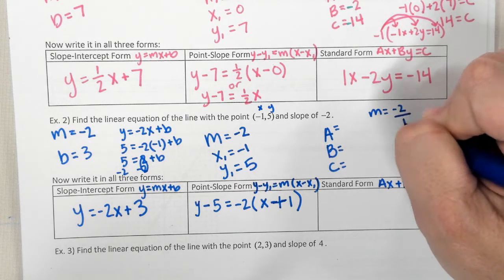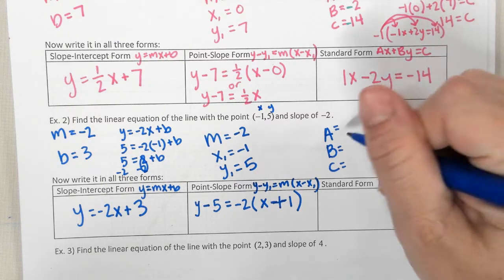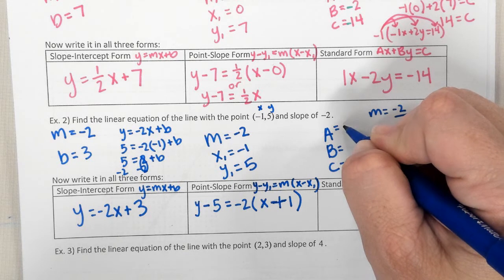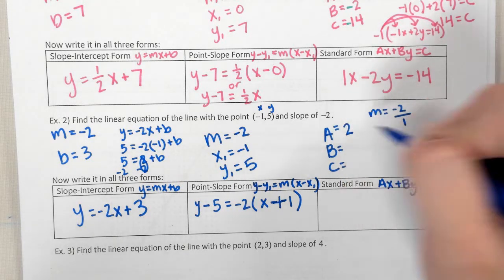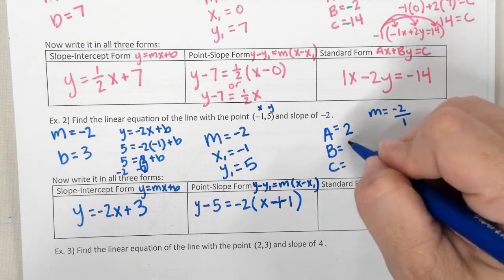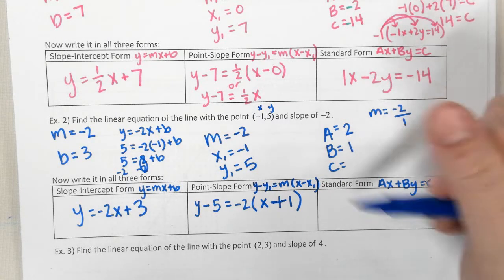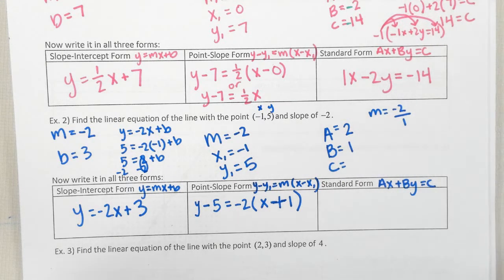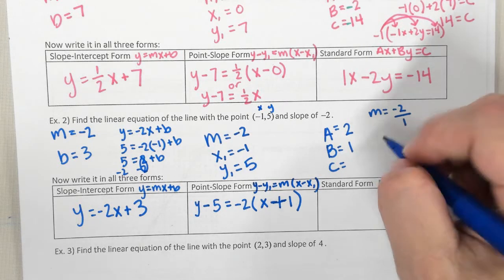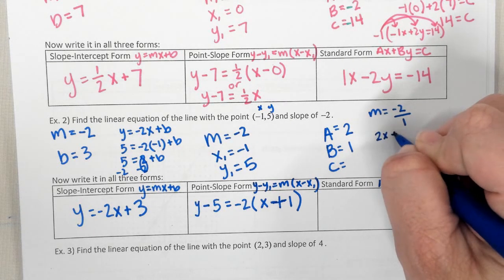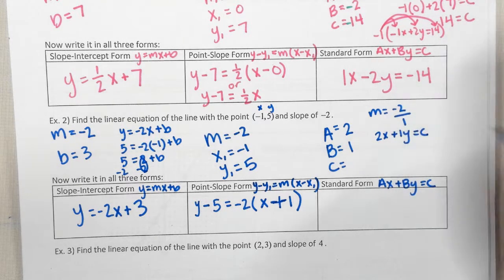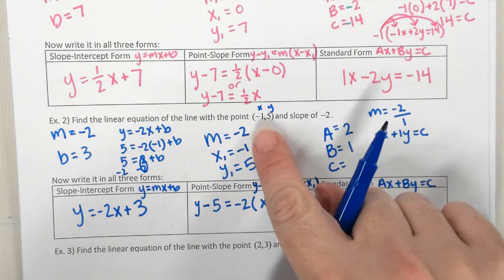Negative 2 over 1. And what's the opposite of the top? Negative 2, positive 2. And what's the bottom? 1. Do you see how A is positive? So when I'm finished, am I going to have to change everything? No, because A is already positive. So I have 2x plus 1y equals C. We're plugging in what we know. And now we're going to use that random point.